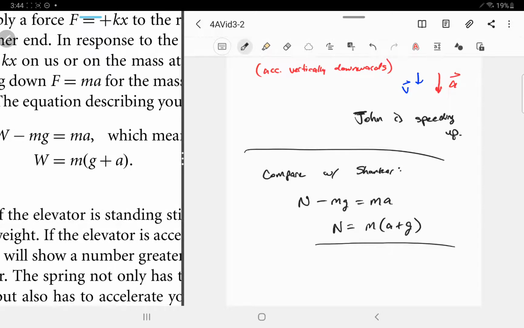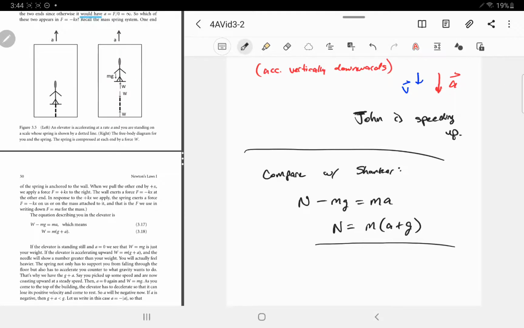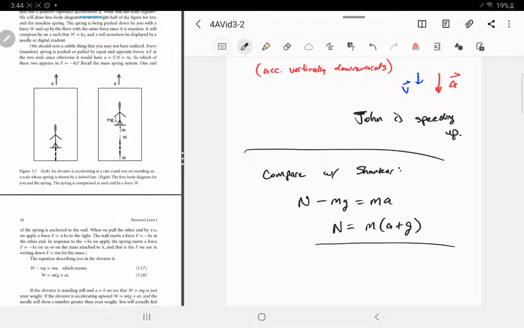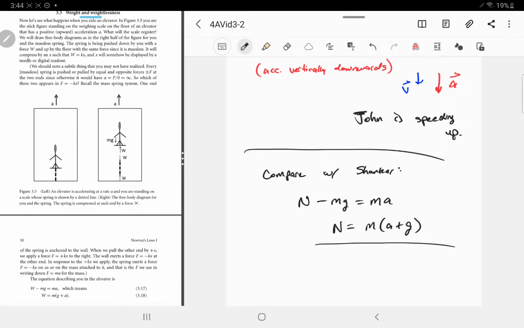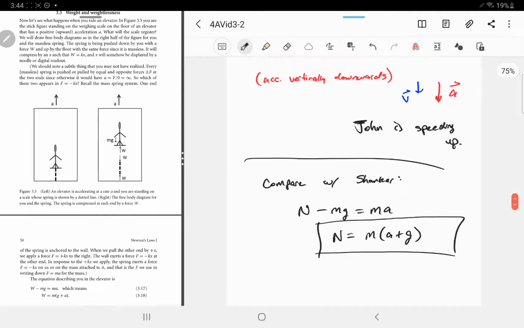Your book's calling it W for apparent weight, but really it is the normal force. It's the force that's pushing up on you. That's not the Earth's gravitational force. Okay, so pretend in another problem you knew the acceleration, you could solve for what the normal force is. And this is taking the vertical direction to be upwards. That's why we have this specific combination.